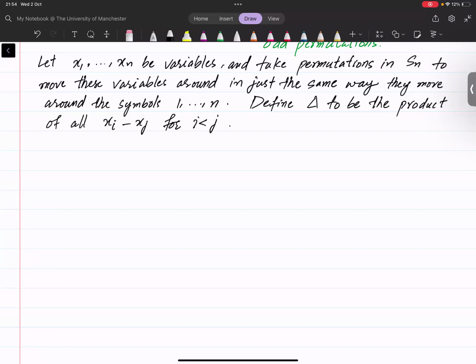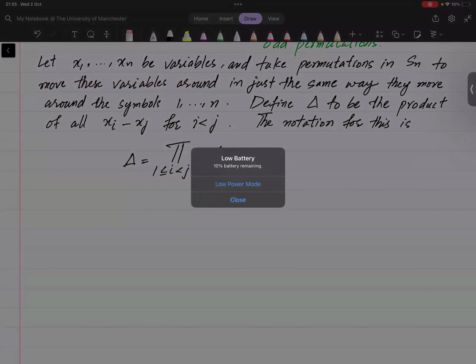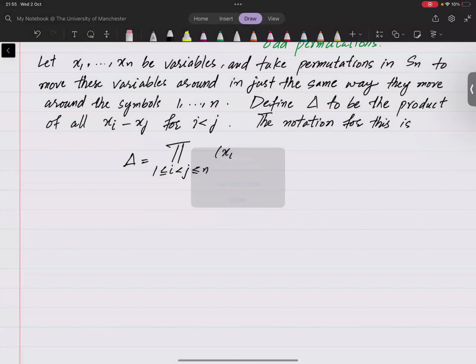The notation for this is that delta is the continued product over 1 less than or equal to i less than j less than or equal to n of xi minus xj.